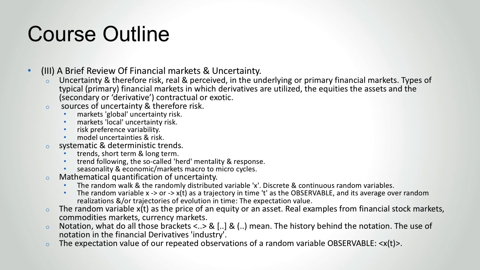And then we'll go through what uncertainties exist in financial markets, briefly again, what the uncertainty sources are, how that is risk, whether it's real, quantified, or it's perceived, subjective, and bias.